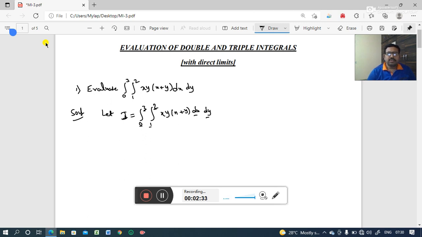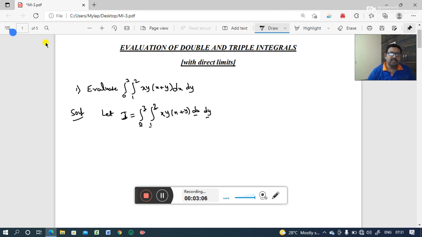Try to understand clearly: the limits are constant limits, there is no variable here, right? 0 to 3, 1 to 2, both the limits are constant.